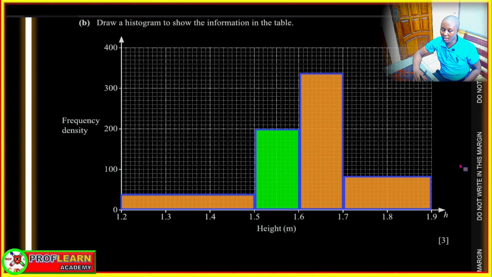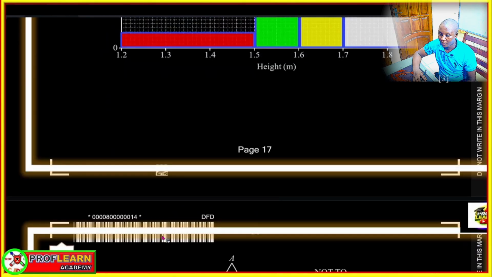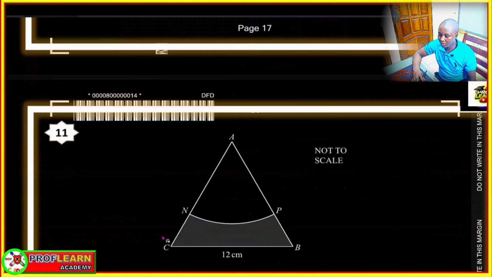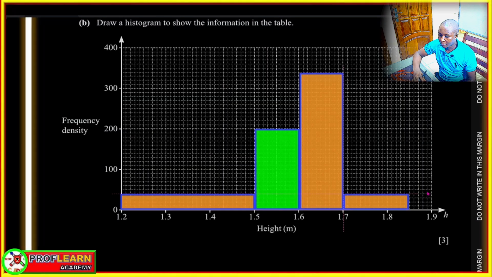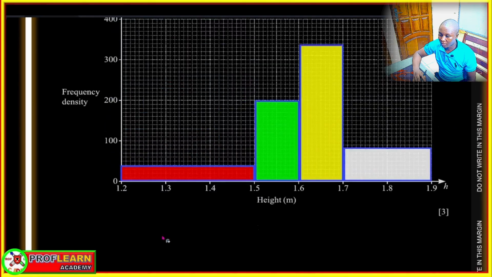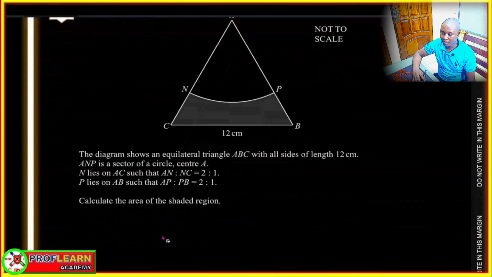Okay, so this is our very beautiful histogram. We have our histogram well demarcated here. Yeah, so this one is okay, right? So we have our histogram well drawn, and then we can now move to finding area of sectors and perimeter of sectors, of course.